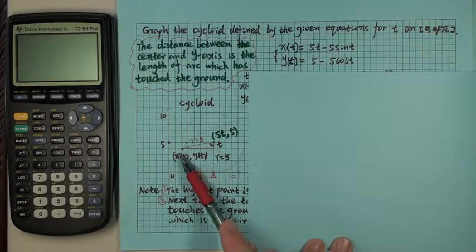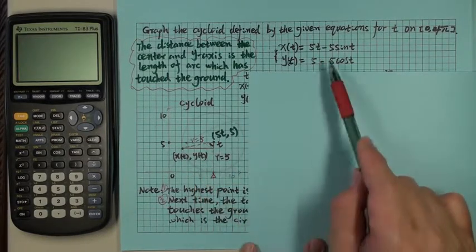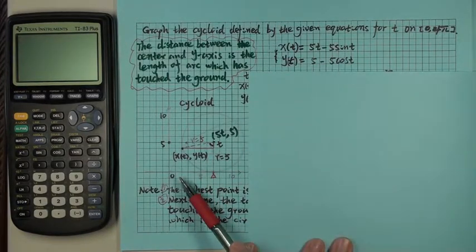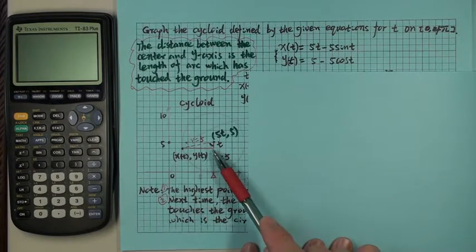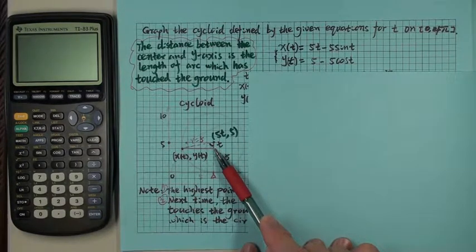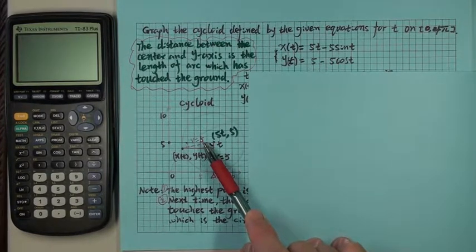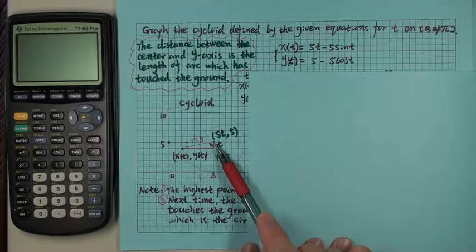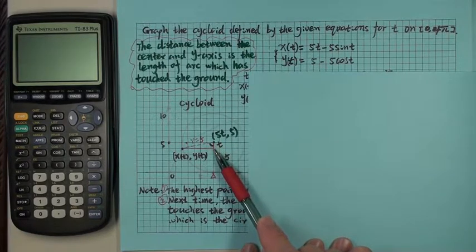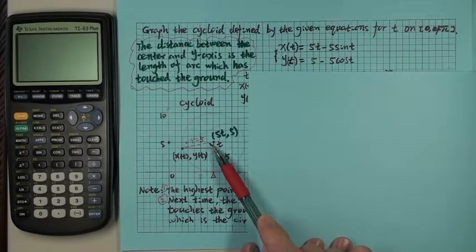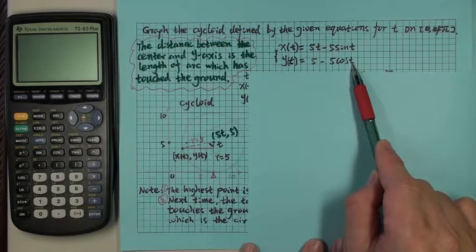Okay, so we got x of t is this expression. Now, similarly, this short leg is cosine t times 5, or 5 times cosine t is the adjacent leg. The adjacent leg is 5 cosine t right here.